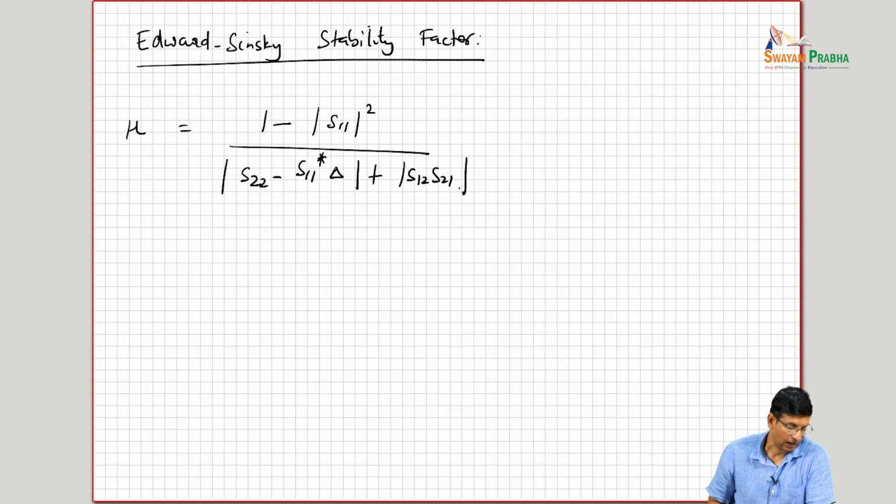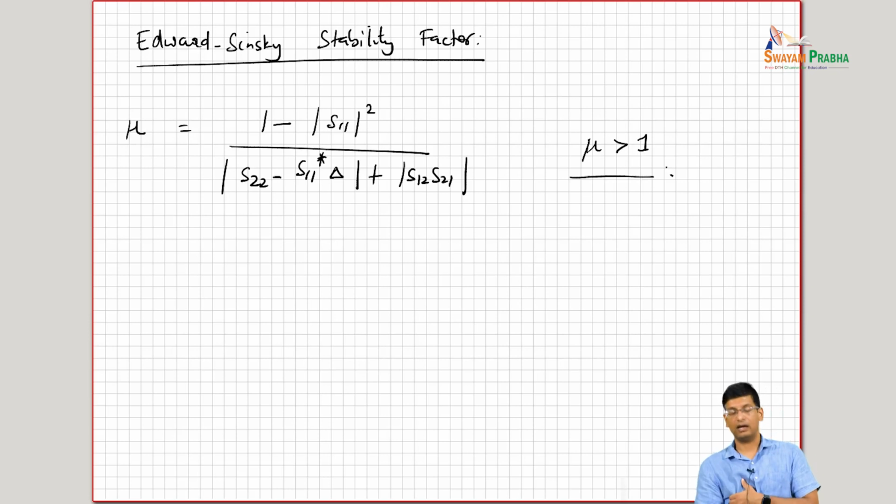Okay, and if your mu is greater than 1, then it's stable, and if your mu is higher, you are more stable.